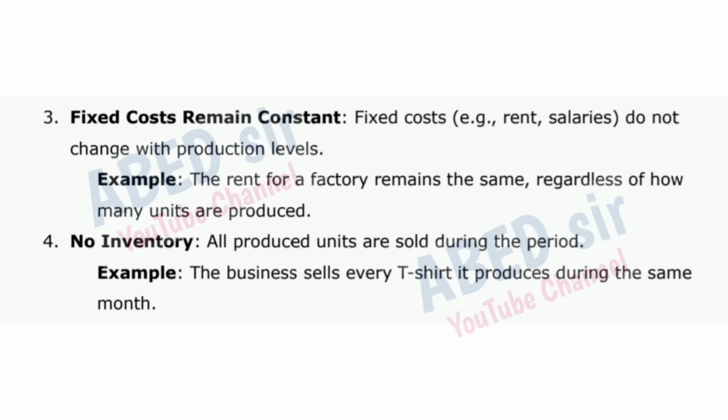Fixed costs, for example rent and salaries, do not change with production levels. Example, the rent for a factory remains the same, regardless of how many units are produced. 4. No inventory. All produced units are sold during the period. Example, the business sells every t-shirt it produces during the same month.